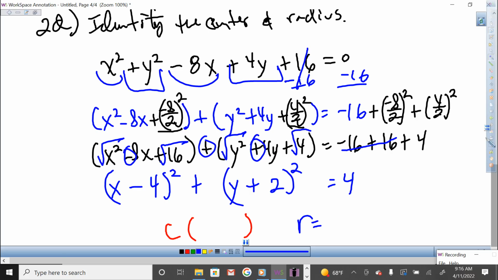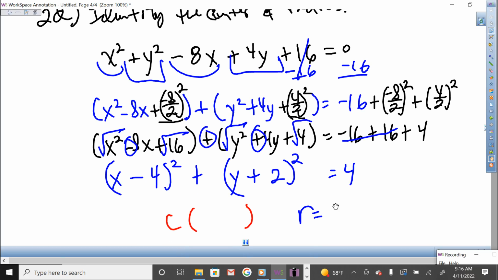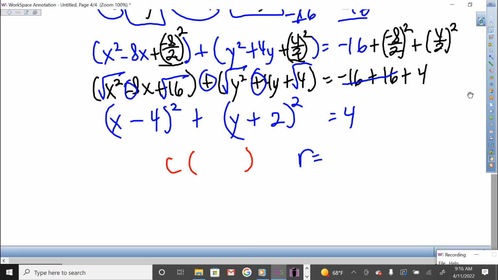Talk it over with your neighbor, let them know the center and how to get the radius of that standard form equation. All right, Pedro, pass someone.